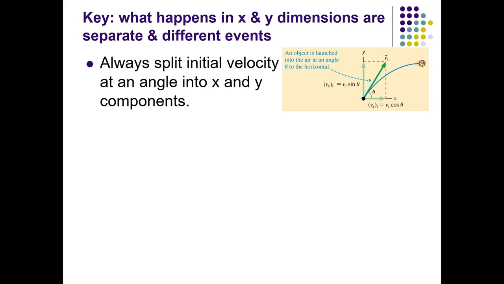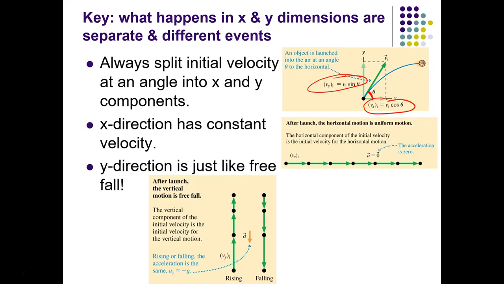Typically, it's really going to be just a velocity that's given to you, and you might have some velocity that's given at some angle. The first thing you always want to do is figure out what the x component of your velocity is and what the y component of your velocity is. Knowing that is going to allow us to analyze the motion better.